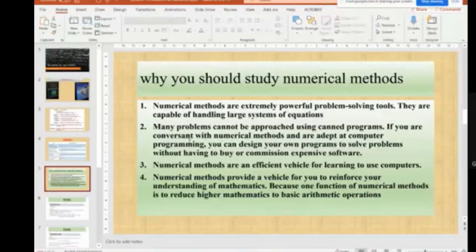If you are conversant with the numerical methods and are adept at computer programming, you can design your own programs to solve problems without having to buy or commission expensive software.